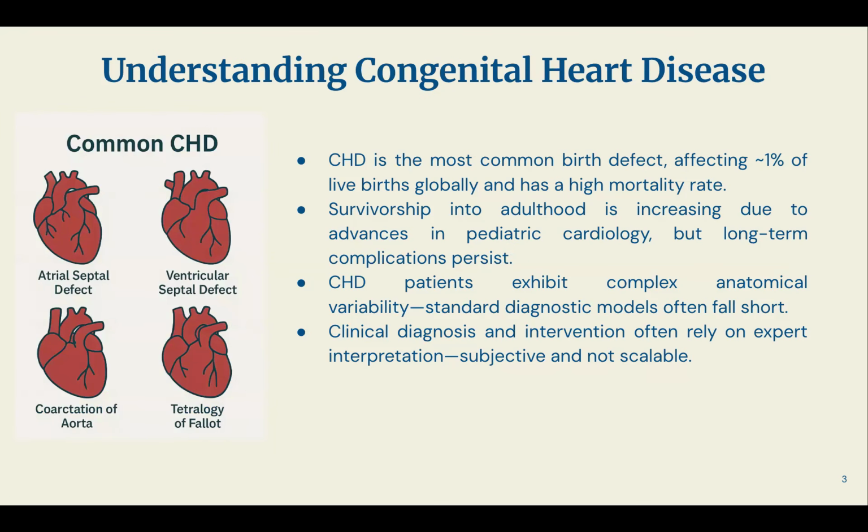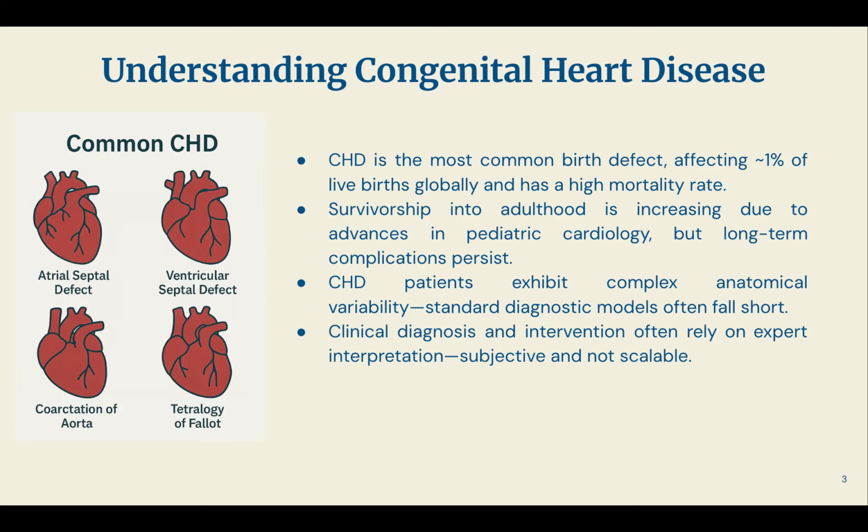Cool. So continuing on, to take a step back, we can understand what congenital heart disease is. Primarily, there's a high incidence of CHD, congenital heart disease, in approximately 1% of everyone. This is significant because the vast majority of CHD is considered cyanotic, meaning the body is not getting enough oxygenation. So it has a very high mortality rate if not treated.